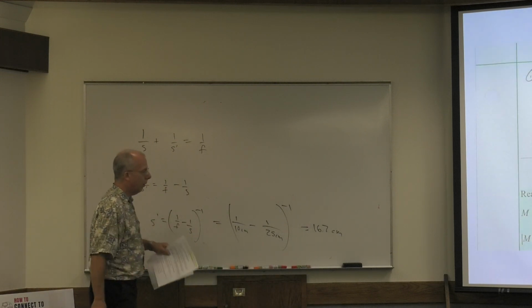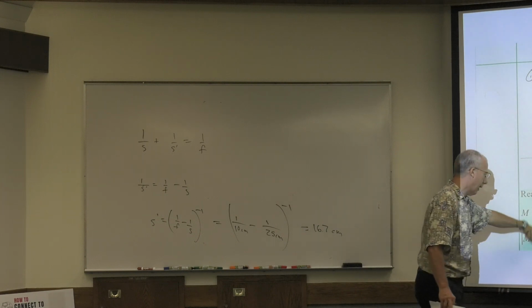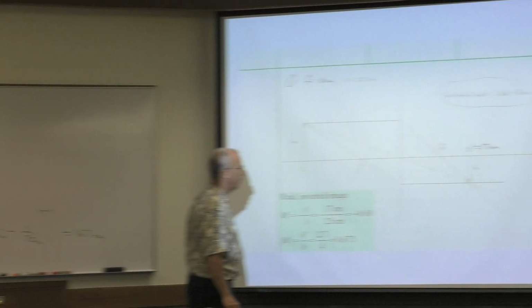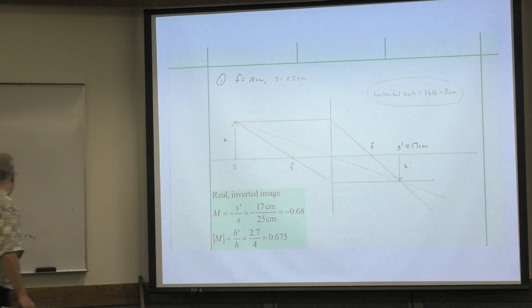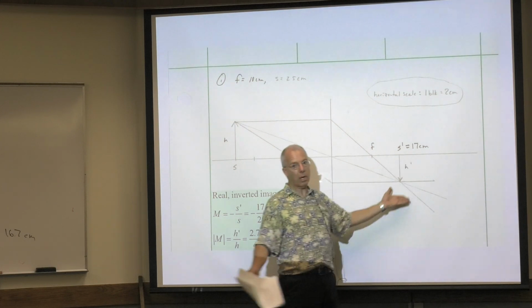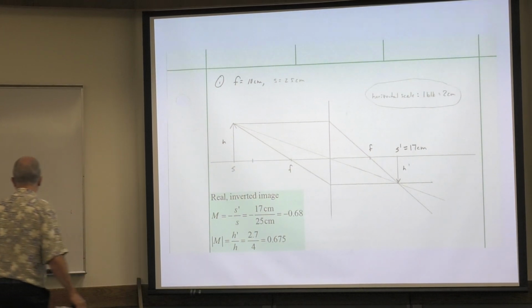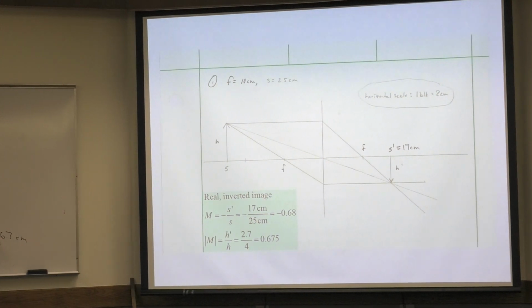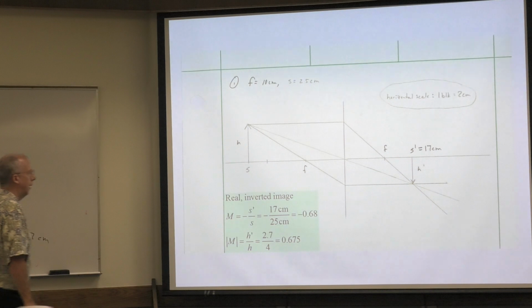Okay, so this is what we did before, and this is what we came up with before. Not bad, right? Mathematically, you get 16.7. When I did it with a graph, I got 17. It's close enough. And now you know the real numbers, so you can plug them in and you'll get something similar to that.